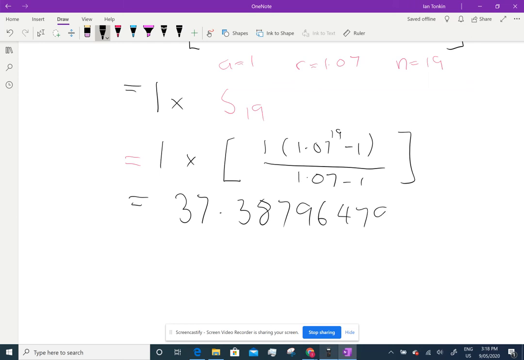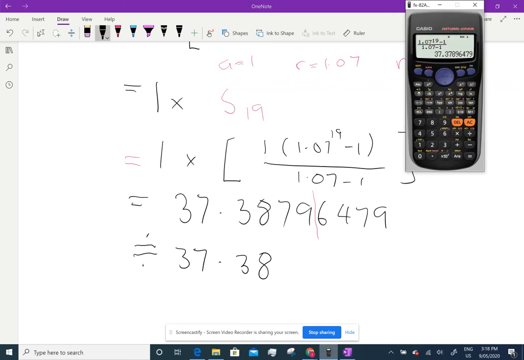Now, the table only goes to 4 decimal places. 1, 2, 3, 4. So if I round that... Have I written that down right?